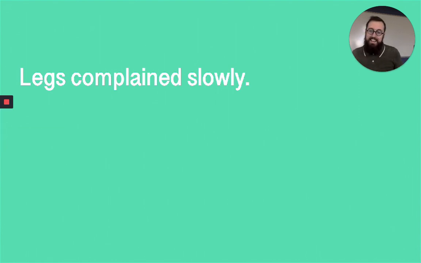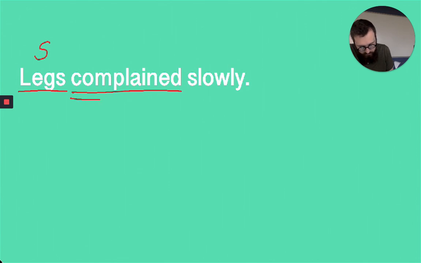So I'm going to analyze and diagram this sentence. First, I know it's a sentence because it expresses a complete thought. It is a declarative sentence because it makes a statement. This sentence is about legs. So I'm going to underline legs and put a capital S for subject.